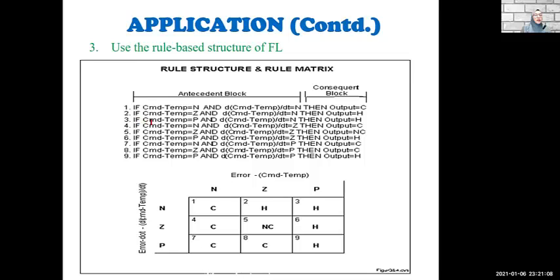So if command minus temperature is P, positive, and the error dot is N. So if you say error dot is N, and the error is also N, no, sorry, CMD minus temperature is P, and CMD minus temperature over DT is error dot, so this is N. So you need to activate the heater.